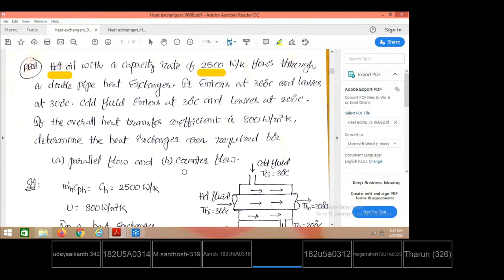Heat capacity rate means mass flow rate times specific heat. We call it heat capacity. So the product of mass flow rate of hot fluid and specific heat of hot fluid is the heat capacity of hot fluid, and 2500 watt per Kelvin is given in the problem.